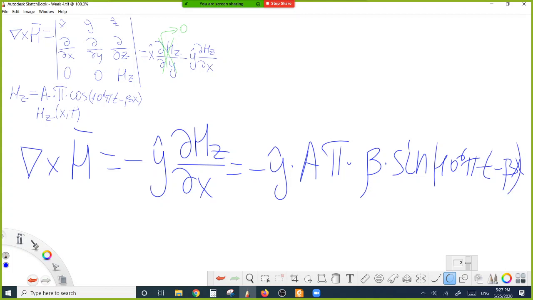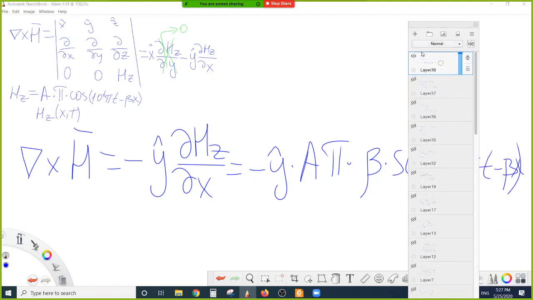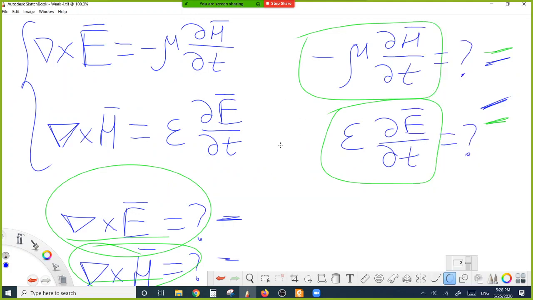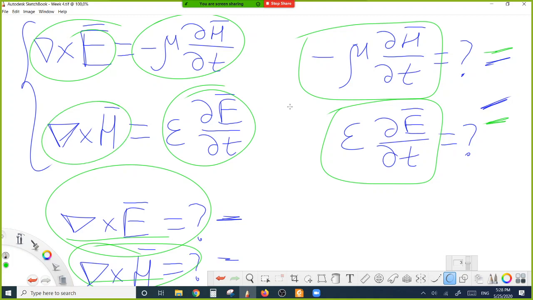Okay, now let's go back to our system of equations. It was here. We have defined all terms. Now we can write the system of equations.